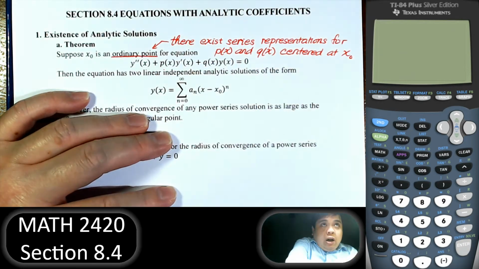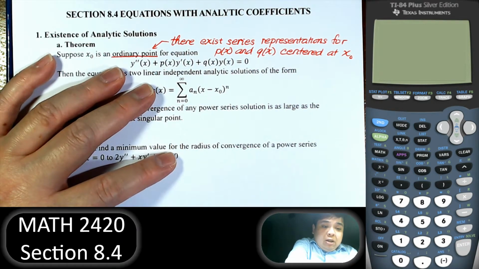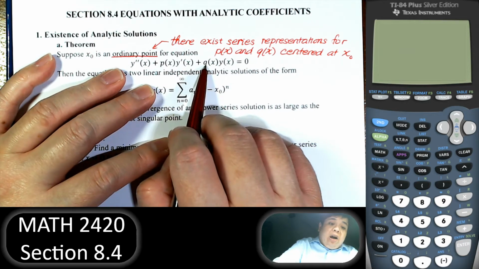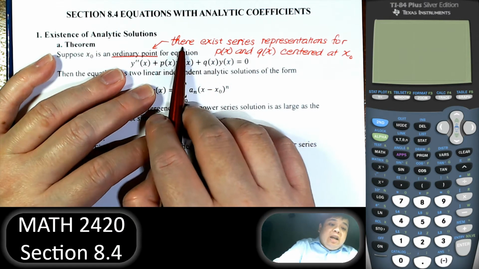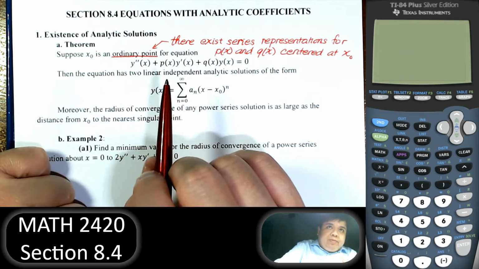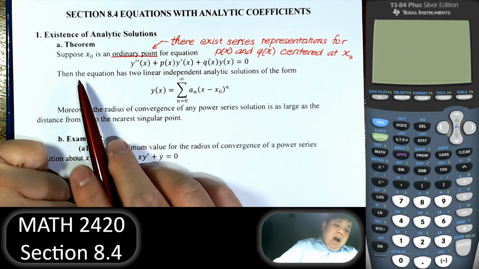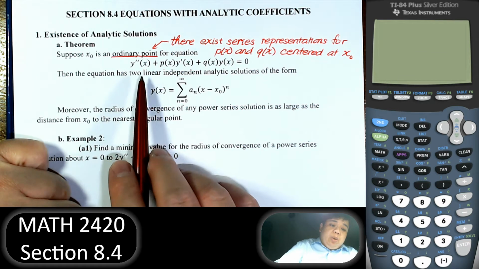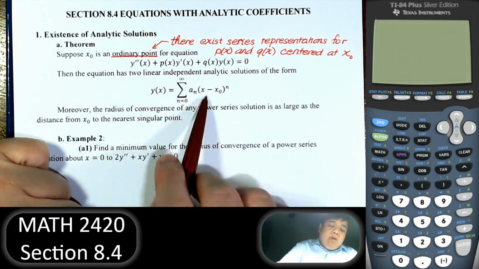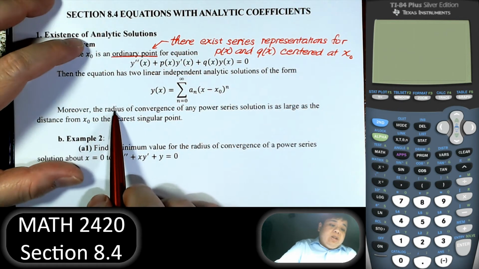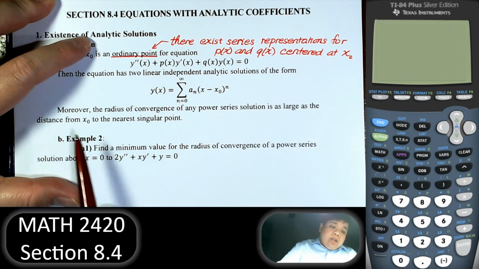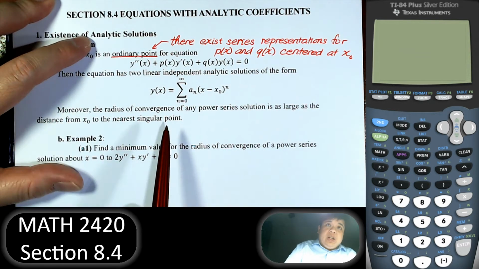So that's what ordinary means. So that p of x and q of x are analytic, meaning that there exists a series representation for p of x and q of x. If that is the case, then the equation will have two linearly independent analytic solutions of this form, and the radius of convergence is as long as the distance from x0 to the nearest singular point.